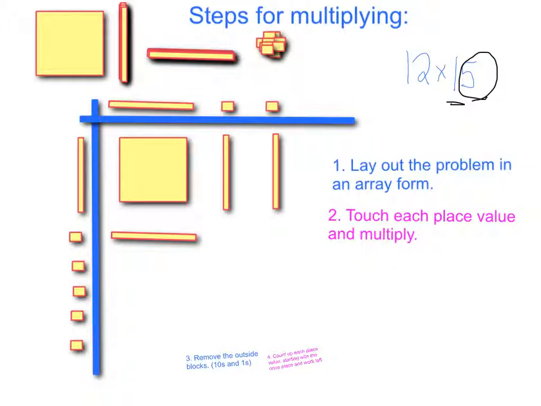And then I'm going to do the same thing here with my 1 times 1, and that gives me a 1. So I bring that down and place it there. And then I do my 1 times 1 here, and I bring down another 1.